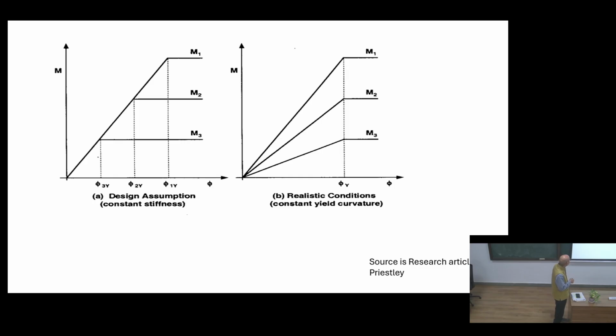You see that this is a linear relationship, so your curvature is almost constant, whatever level you want. But in realistic conditions, the moment curvature relationship is going to change every occasion. So this is a better approach than this one.